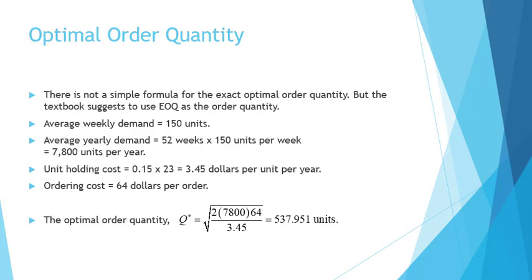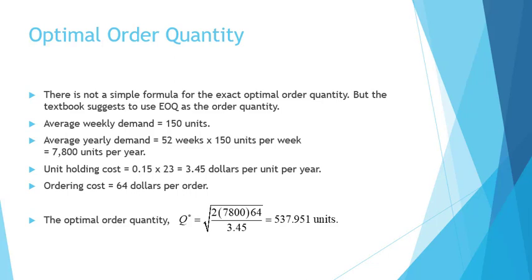Knowing the average weekly demand is 150 units, then the average yearly demand will be 52 weeks times 150 units per week, equal to 7,800 units per year.